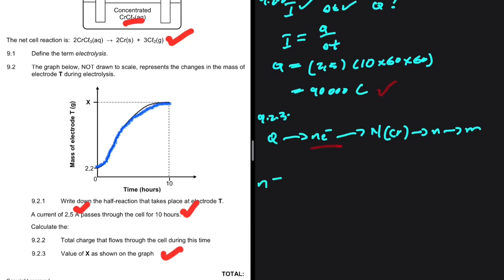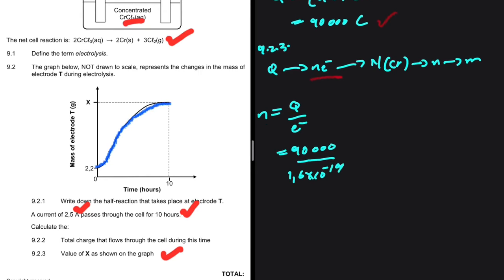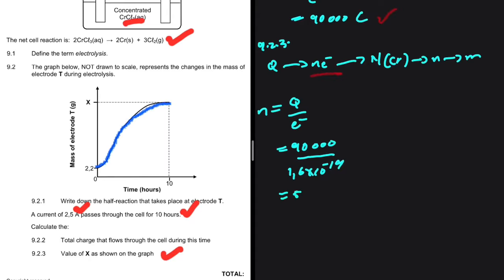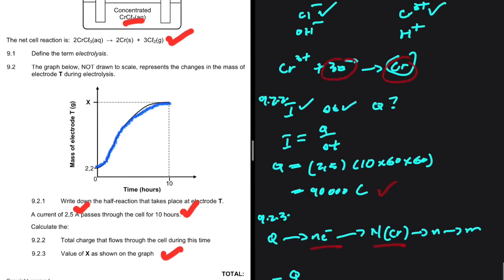The number of electrons equals the charge divided by the charge of an electron. This will give us 90,000, which is the charge we determined above, divided by 1.6 times 10 to the minus 19. That equals 5.63 times 10 to the power 23 electrons. Let's use it to find the number of atoms of chromium. Well, 3 electrons will give us 1 atom of chromium.